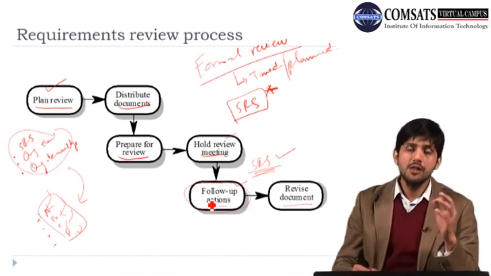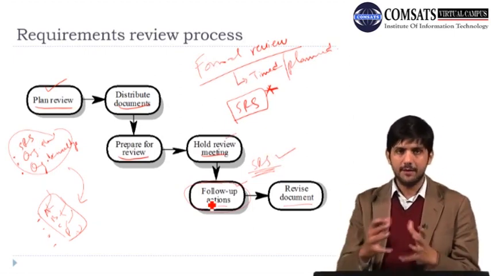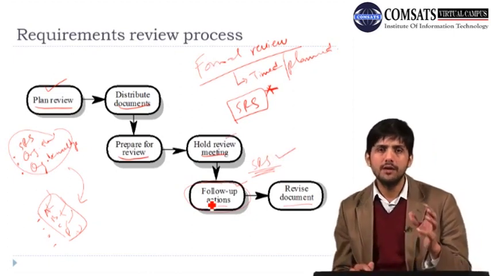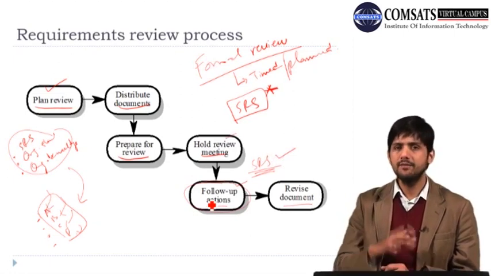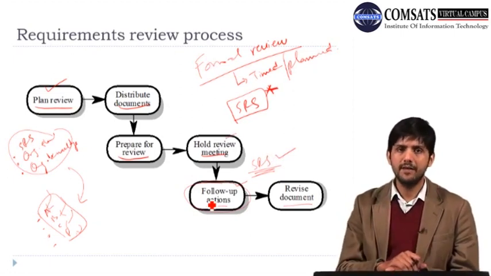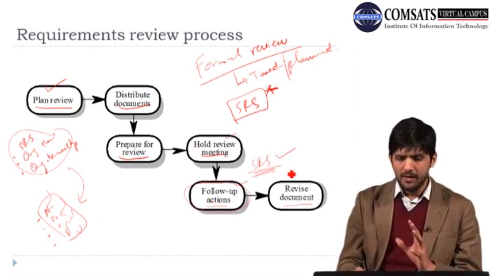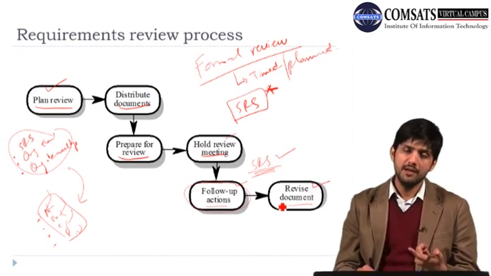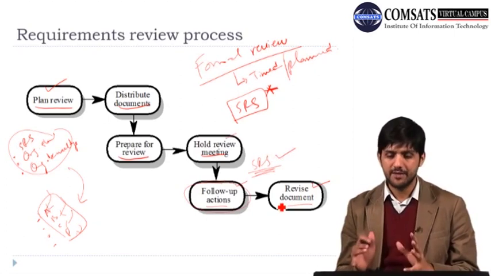But if the changes are small and the review people who are part of this formal review process have actually figured out, okay, these are very small, for example, typing mistakes, then you will just be told, okay, fix these problems, and then this is our final SRS document. So if there are lots of problems, then this revised document will be reviewed again. But if there are not, then that would be the final set of validated requirements.